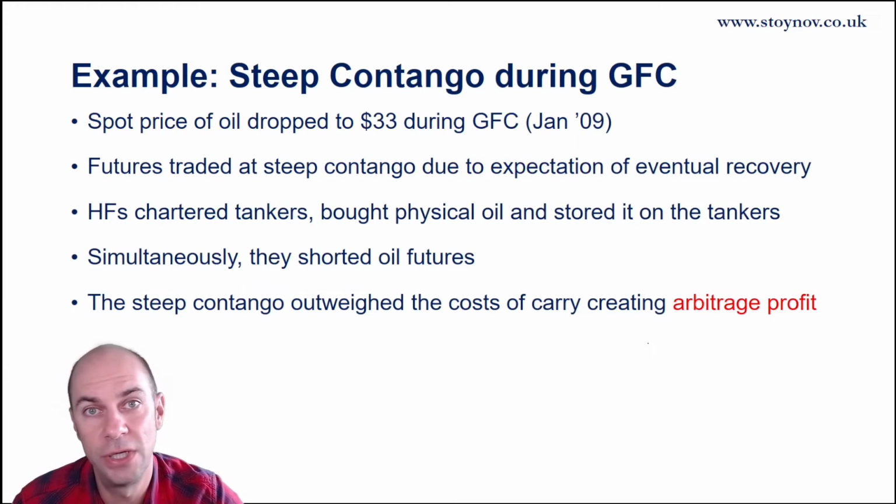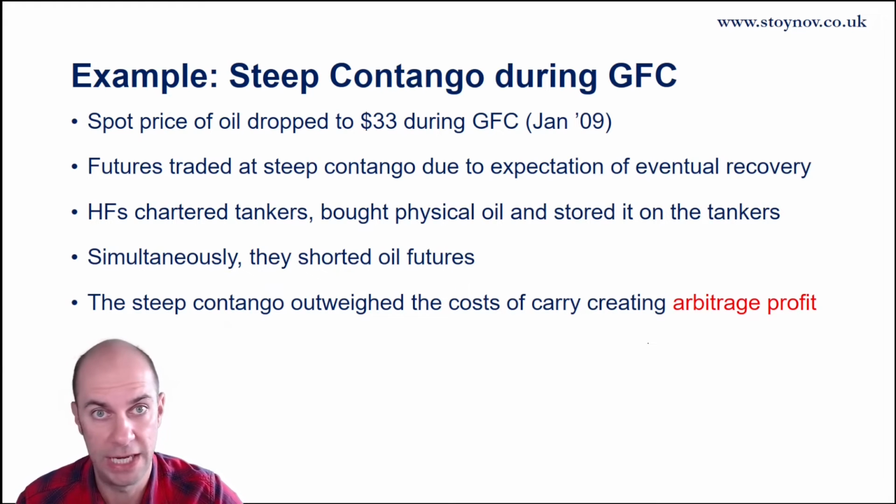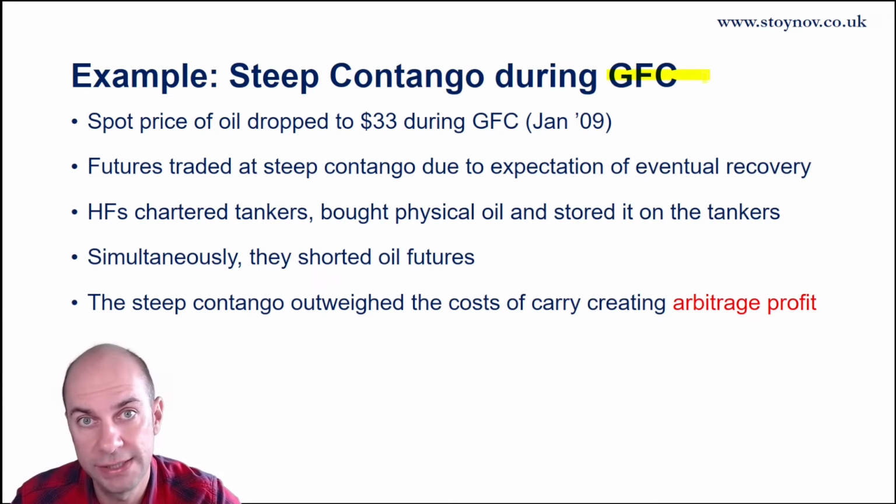Okay, and let's consolidate our knowledge here with a real-world example of contango. And what happened is we got a very, very steep contango, very steep futures curve for oil during the GFC, being the global financial crisis of 2007, 2009.